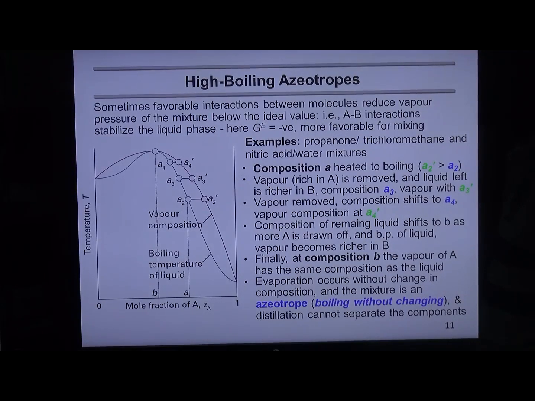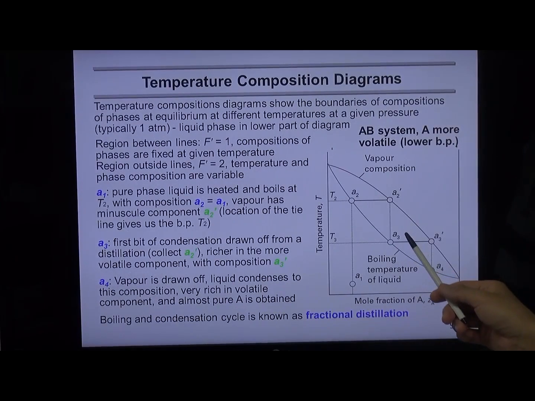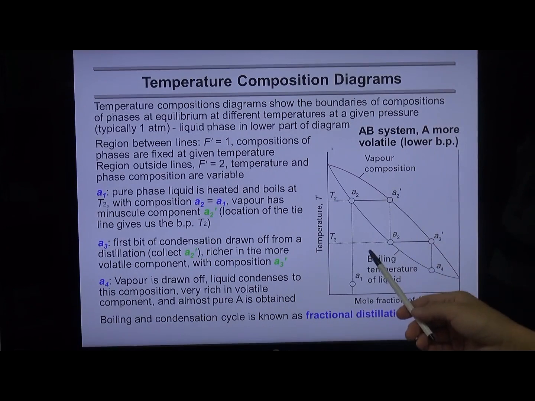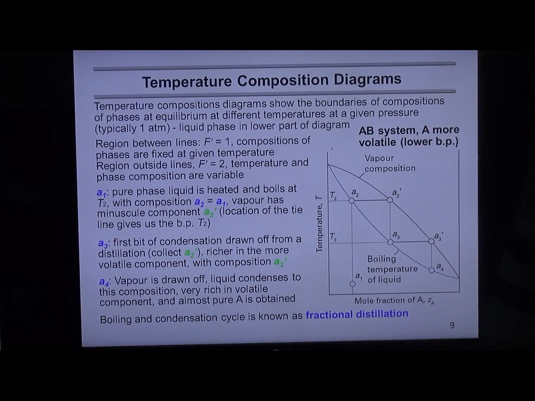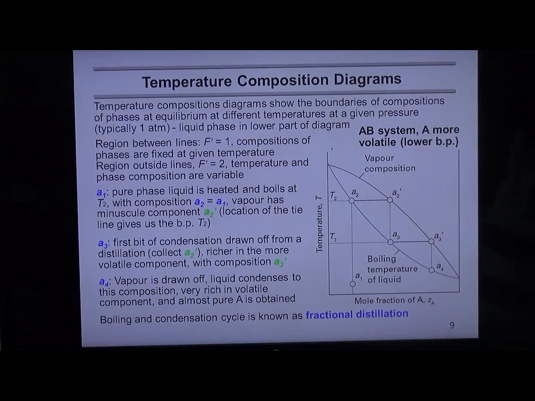Then, by distillation, you cannot separate the mixture, right? To separate the mixture, the liquid and vapor phases should have different numbers of moles or different compositions. Using that information, you can separate a certain type of material, the more volatile one first.